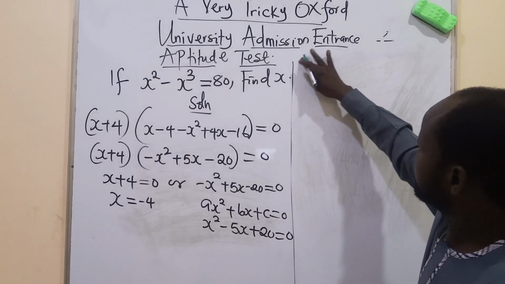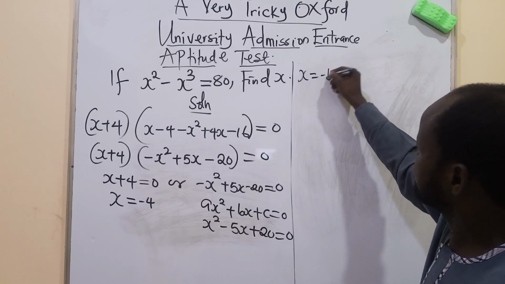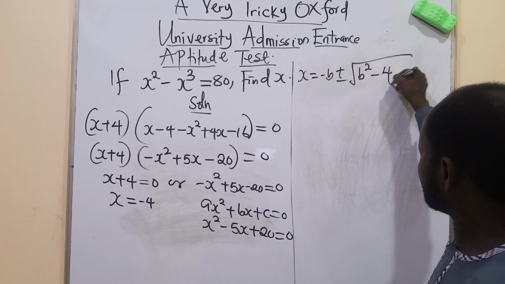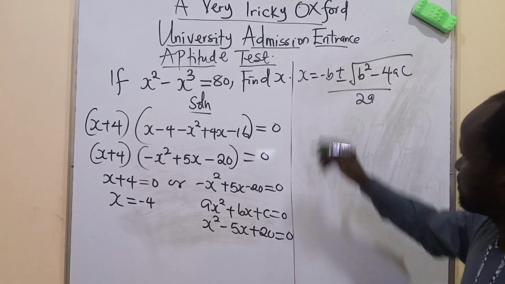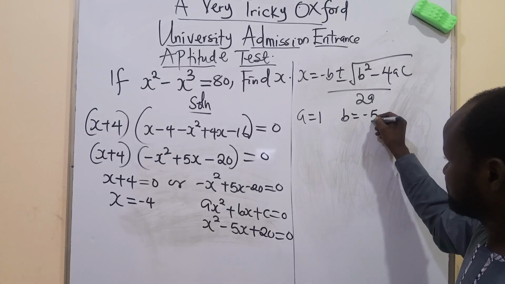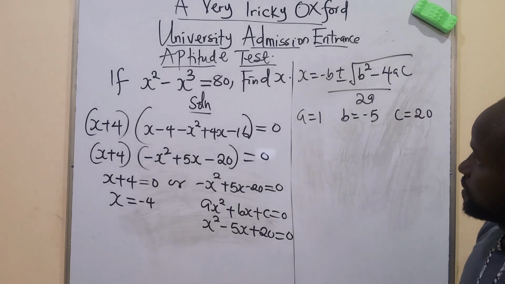Recall that the general formula of a quadratic equation is x equals minus b plus or minus the square root of b squared minus 4ac, divided by 2a. In this case, our a is 1, our b is minus 5, and our c is 20.